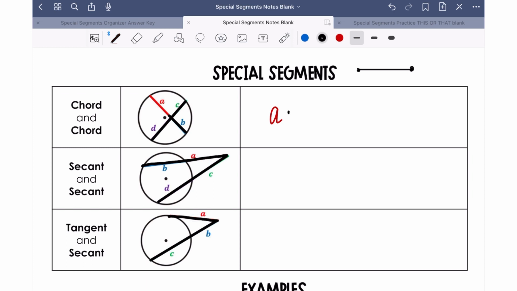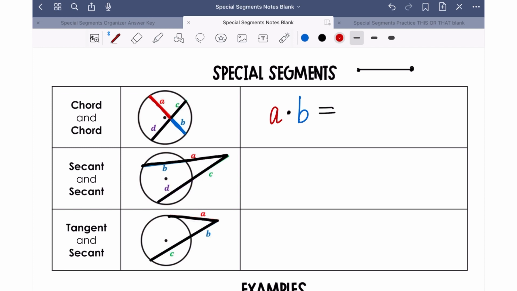So it's going to be A times the other part of the chord, which is B. And we're going to use blue for the B. So just highlight over your segment like this so you can see what B is, and then use red for A, and then that way it matches our formula, okay?